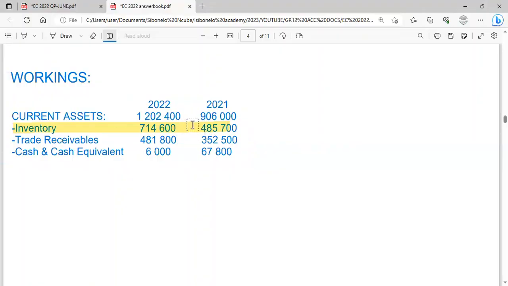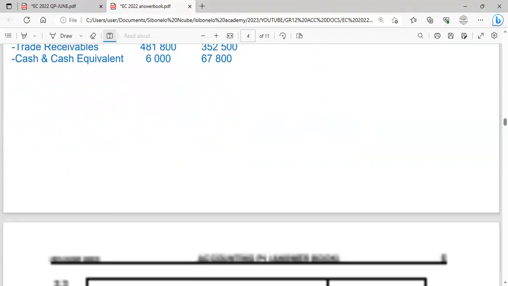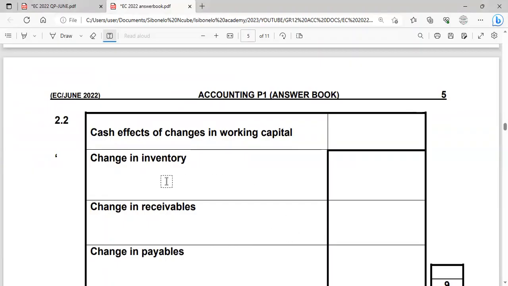So guys, this is how we do it. They were trying to trick us by not giving us the balances for inventory, but now we have calculated those balances. Now we're going to use these balances to indicate whether we have an inflow or outflow. Let us indicate if we have an increase or decrease in the inventory balance.